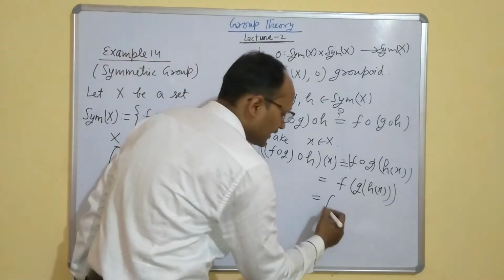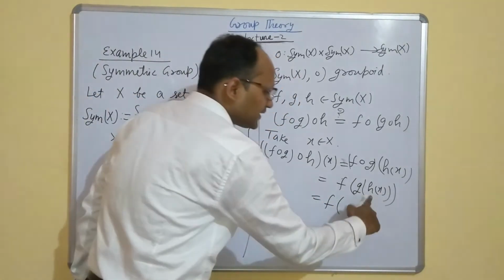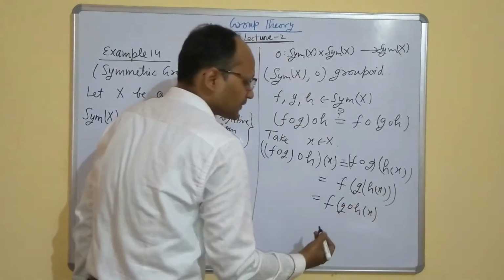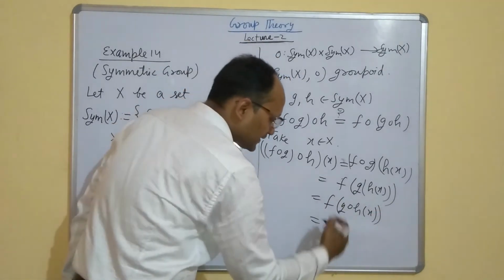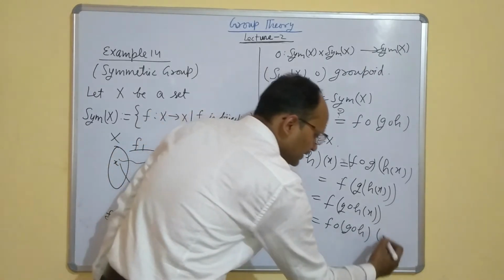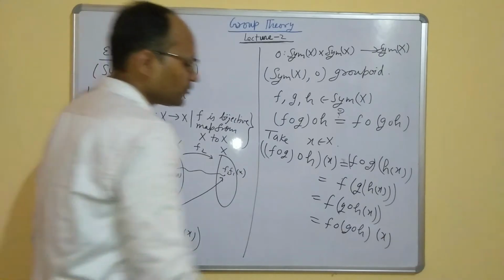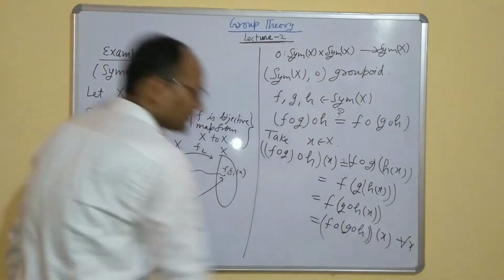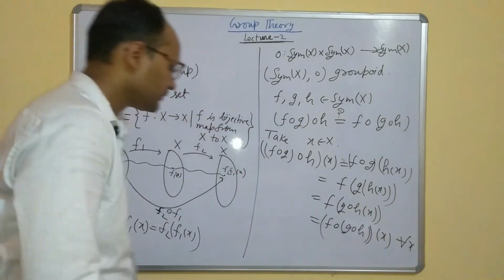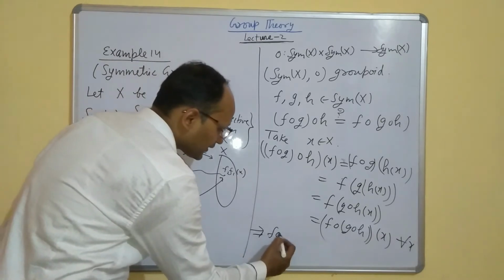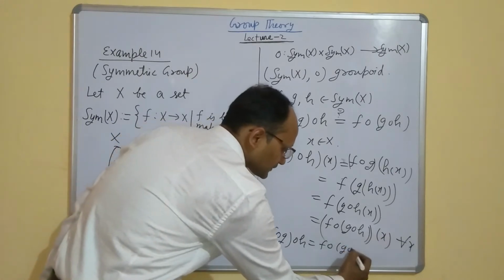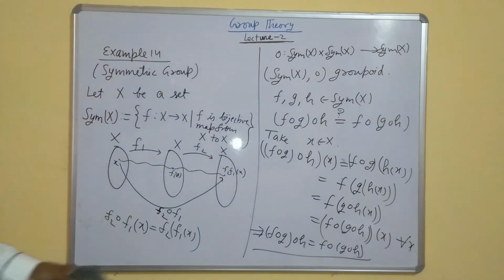So we can write it as f, and g applying on h(x) means h composed with g applying on x, and then this can be written as f composed with g composed with h. This is applying on x, and this is true for all x. You can put one bracket here also. So it is true for all x means this map is equal to this map. So hence we can write that these two maps are equal. So this operation is associative.